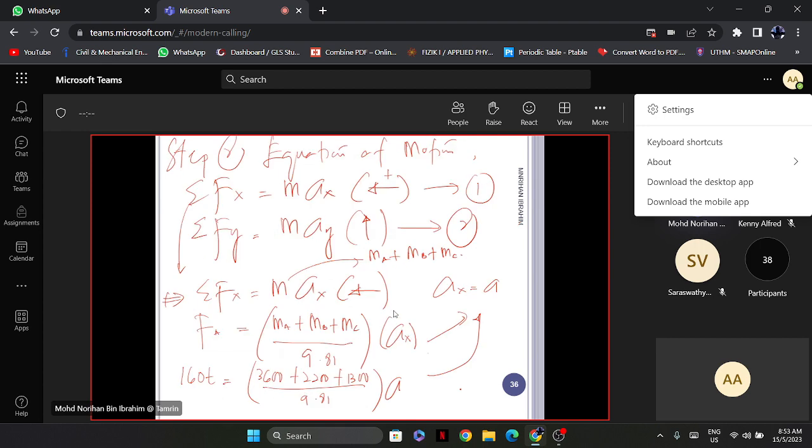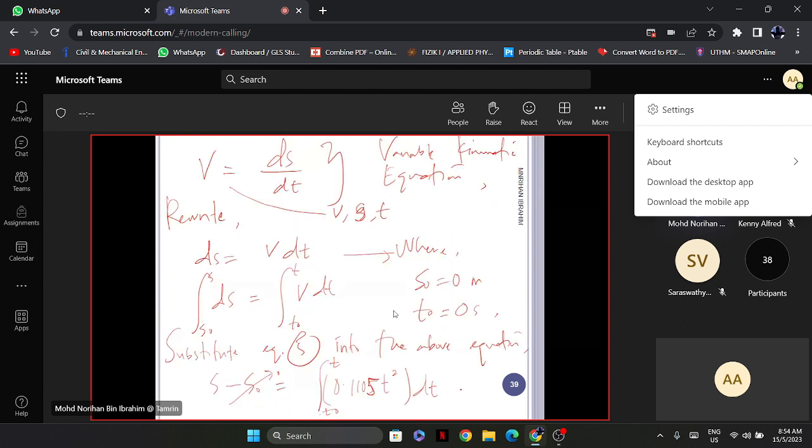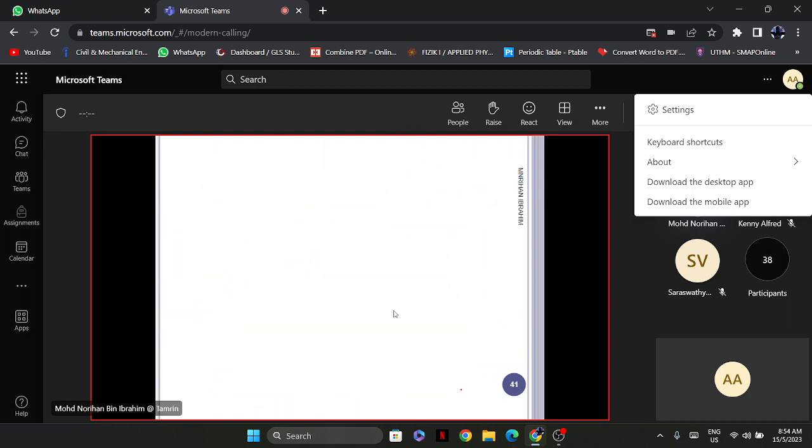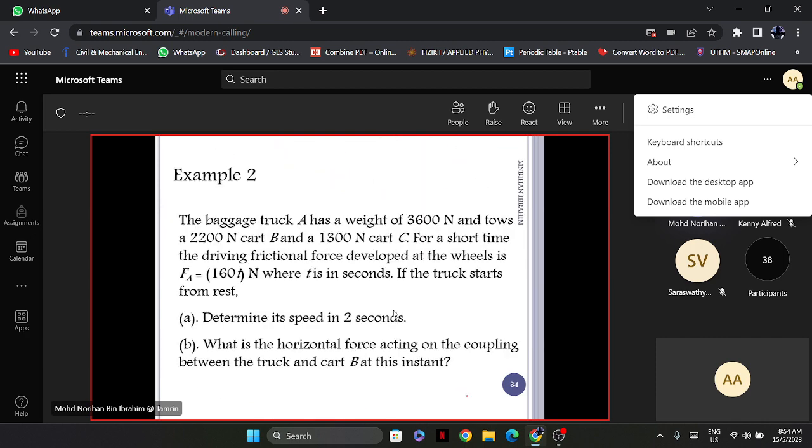So step 2, equation of motion. Okay, you got the answer for this V. So we have one more question. They ask you to find out what is the horizontal force acting on the coupling between the truck and cart B at this instant.